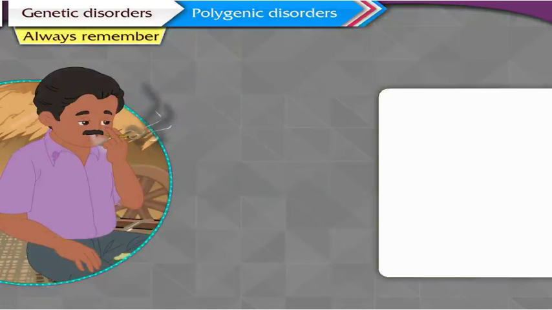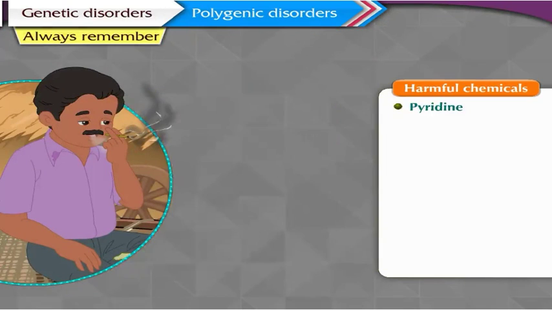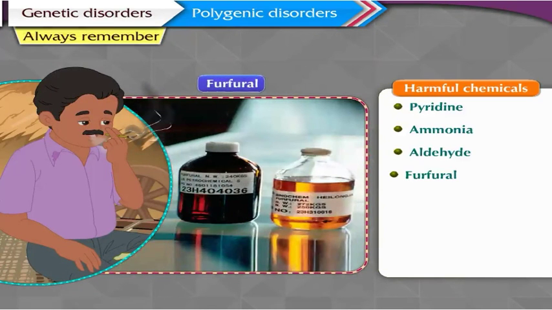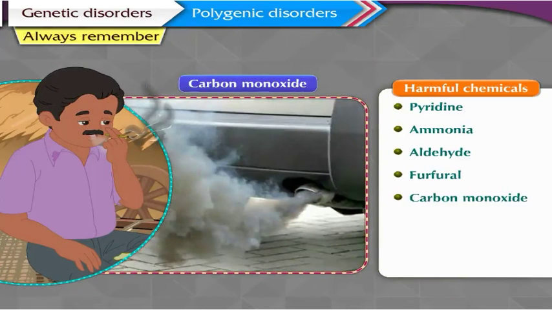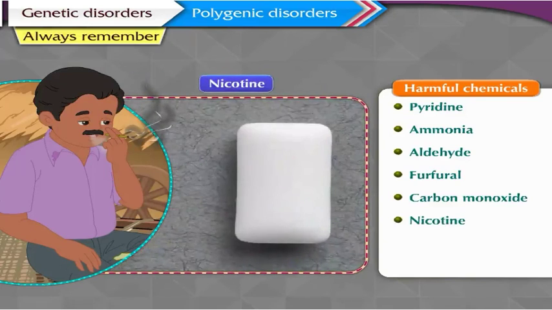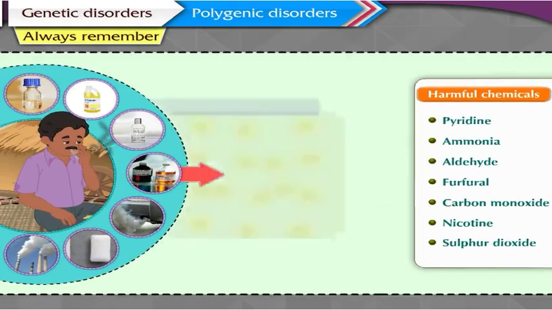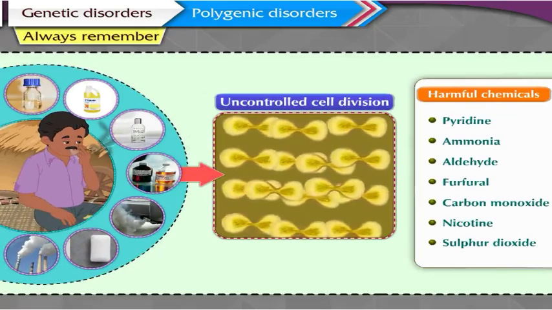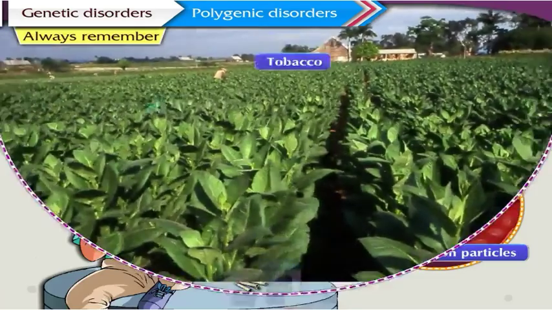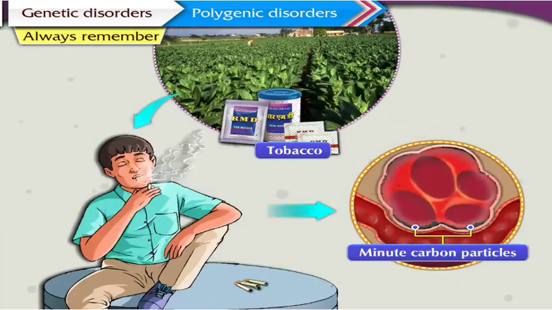Tobacco smoke contains harmful chemicals like pyridine, ammonia, aldehyde, furfuryl, carbon monoxide, nicotine, and sulfur dioxide. They cause uncontrolled cell division. Tobacco smoke is full of minute carbon particles.